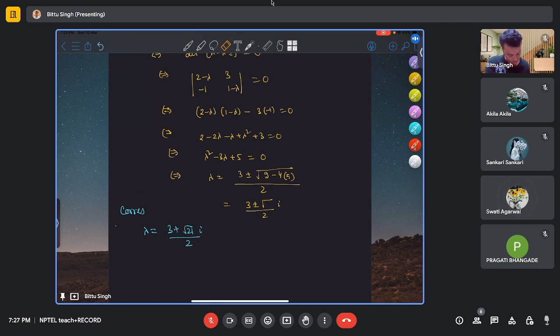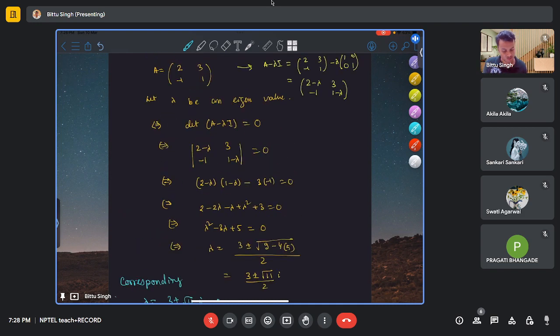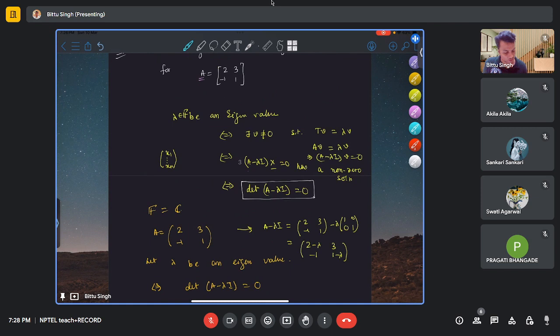No problem. Well, yes, thank you. So it is 11 by 2. Corresponding to lambda, let us find an eigenvector. So the eigenvector will satisfy this relation, right? A minus lambda I times x is actually 0 because those are equivalent steps.